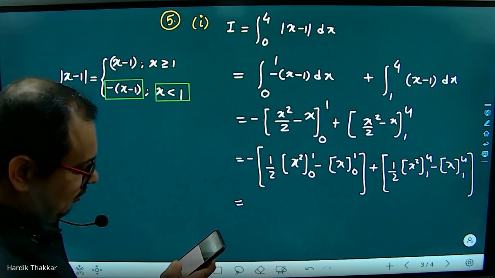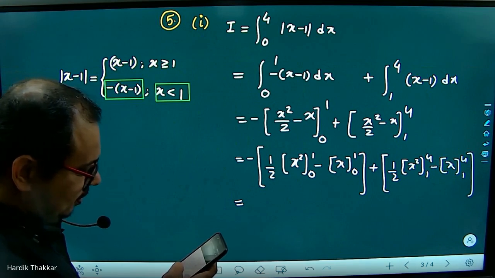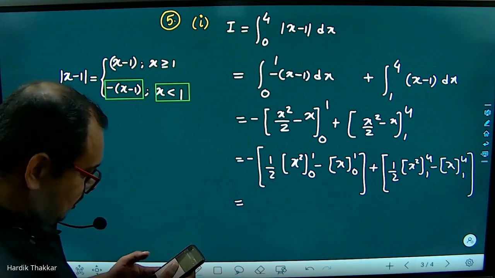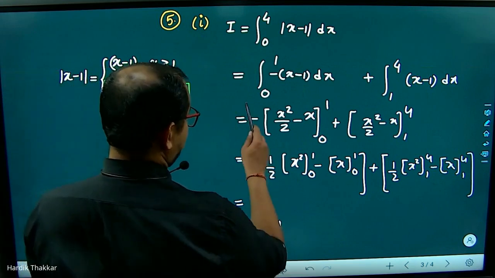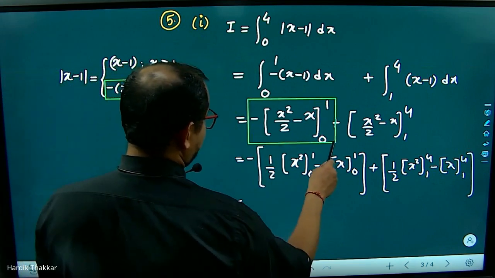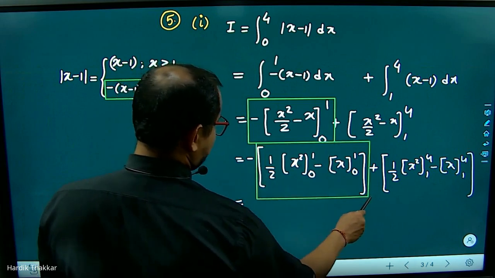So it will be like 1 by 2. This minus sign outside the bracket, is it for the entire equation? No, this minus is actually for this complete expression till this part.